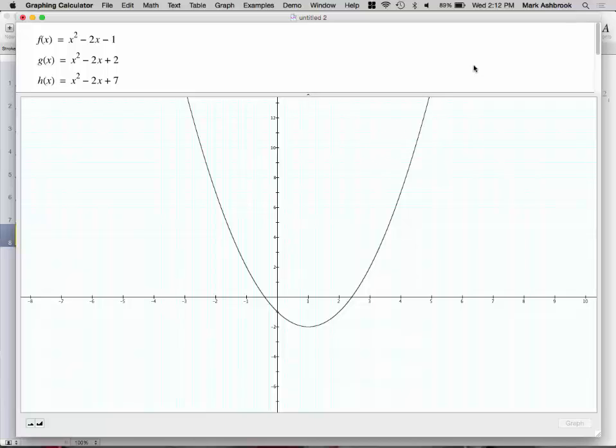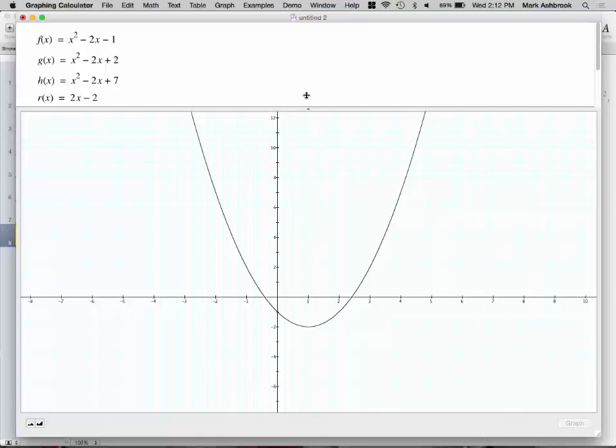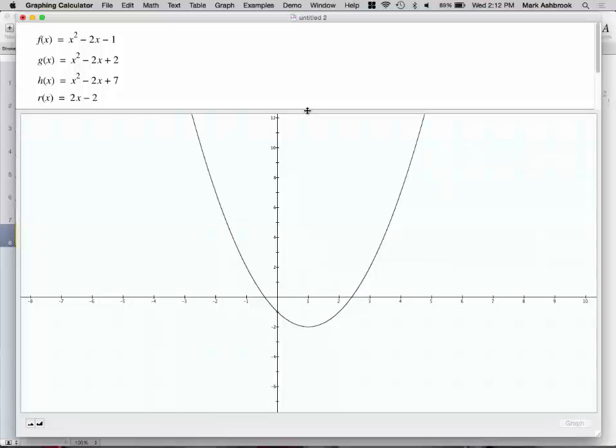You were to find the rate function, so you could use the general form of the rate of change function, and you found that they all have the same rate function, 2x minus 2. Okay, so here I've just graphed f.